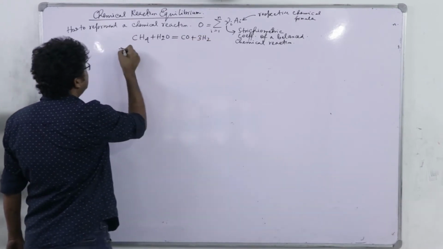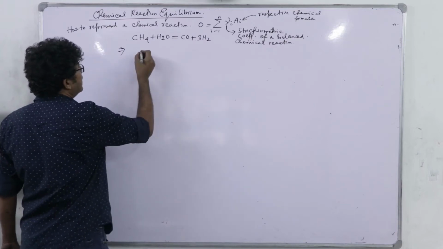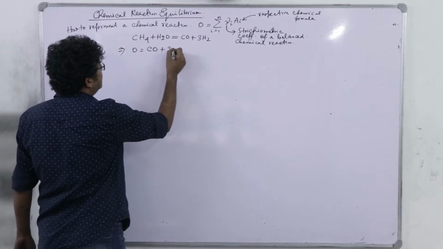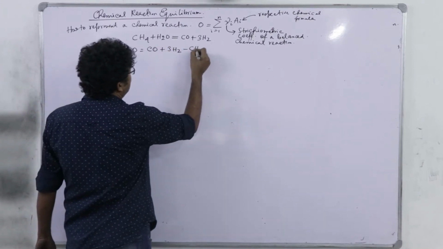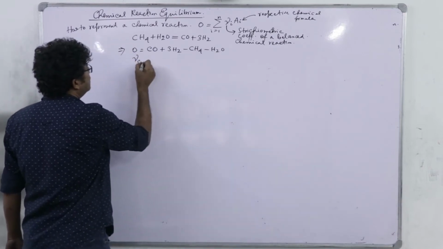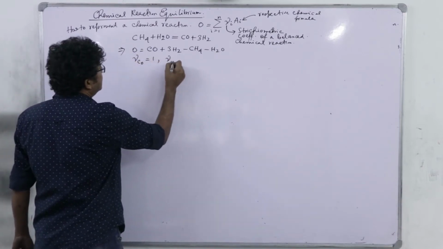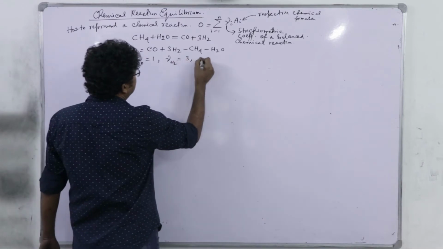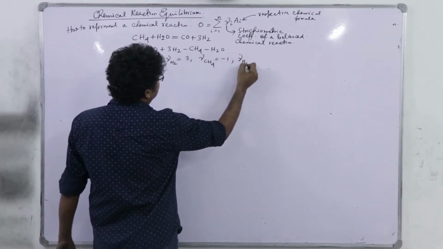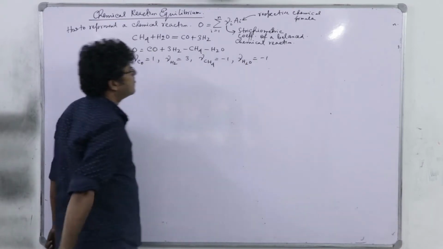In this reaction, you see the products are CO and hydrogen. So, you can write this as CO plus 3H2 minus CH4 minus H2O. So, nu CO is 1, nu H2 is 3, nu CH4 is minus 1, and nu H2O is also minus 1.